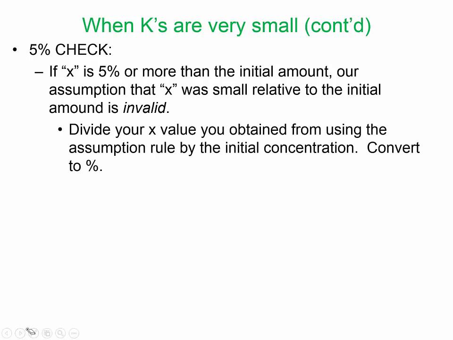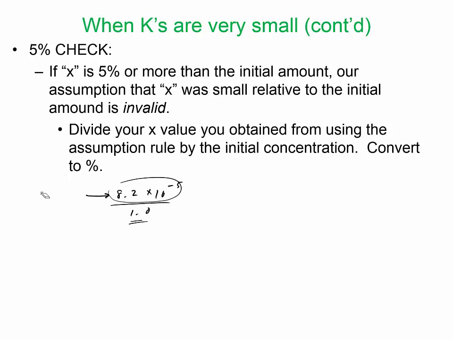So this is what we're going to do. We're going to divide the x value that we got from using the assumption rule by the initial concentration and then convert it to a percentage. So here's what we're going to get. We're going to have 8.2, this is the amount that we got by using the assumption rule, divided by this. We're checking to see if x is 5% of this or not.